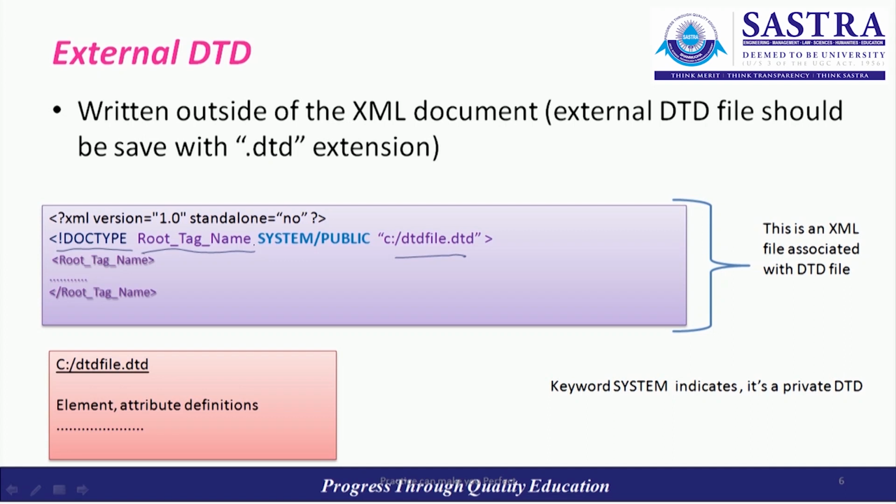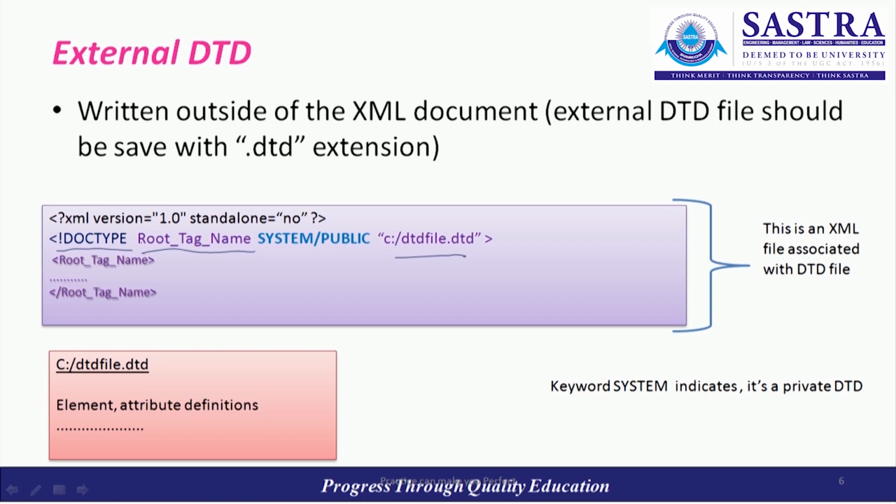So the document type definition should be mapped with the particular XML document. In later stages, we will be discussing how to club more than one DTD for an XML document. The XML document can be validated using more than one DTD, so that DTD should be an external DTD.